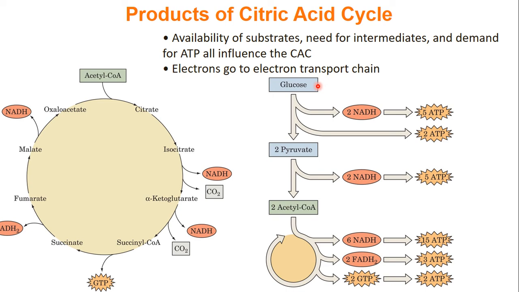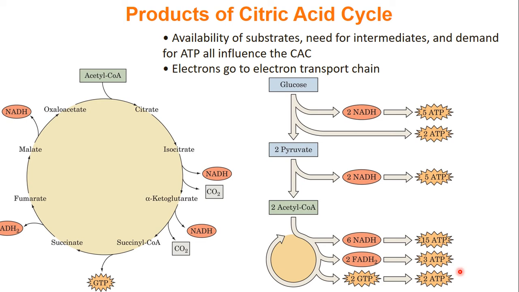And remember, from glucose, we get 2 pyruvates. So for each molecule of glucose, we get to run the citric acid cycle twice. That's why everything is doubled here. And so from one glucose molecule, we get 7, 12, 27, 30, 32 ATPs.